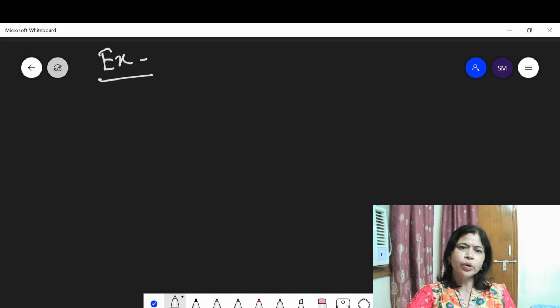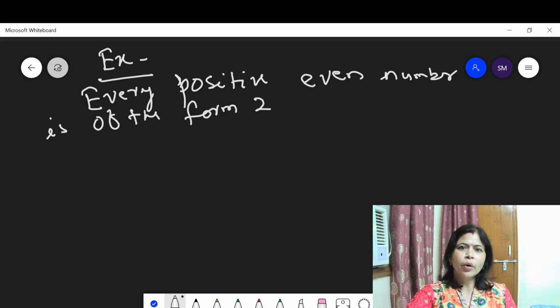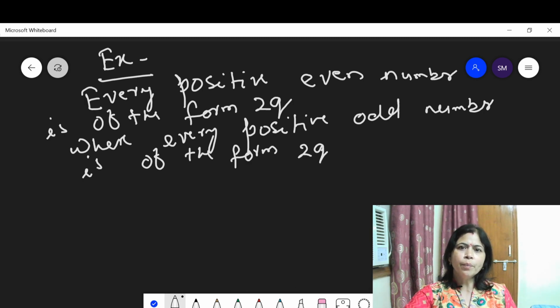The example says that every positive even number is of the form 2q, and every positive odd number is of the form 2q plus 1.